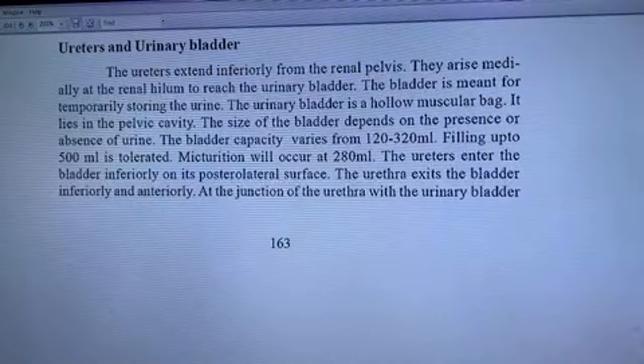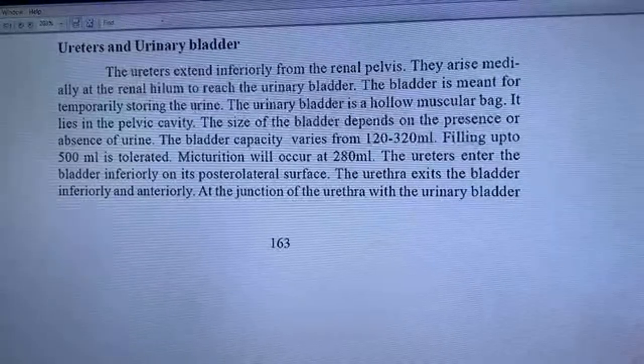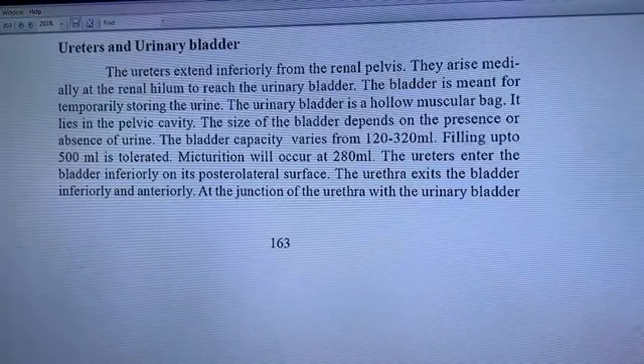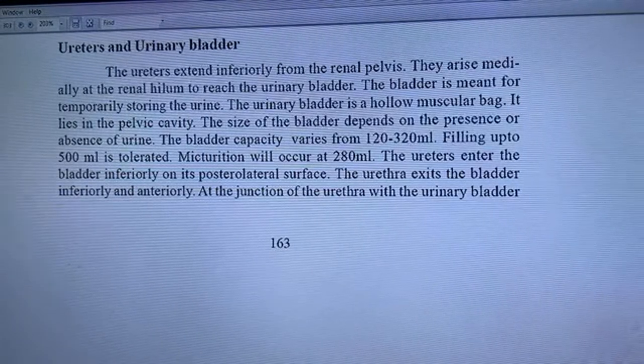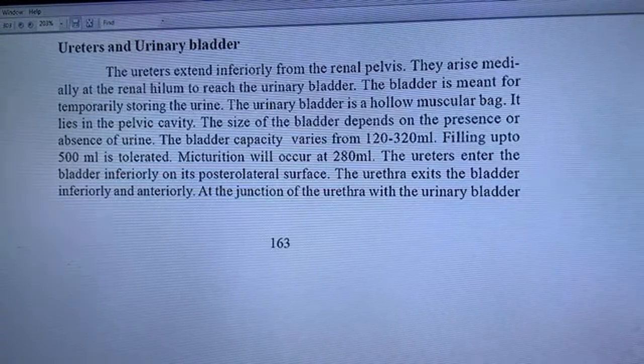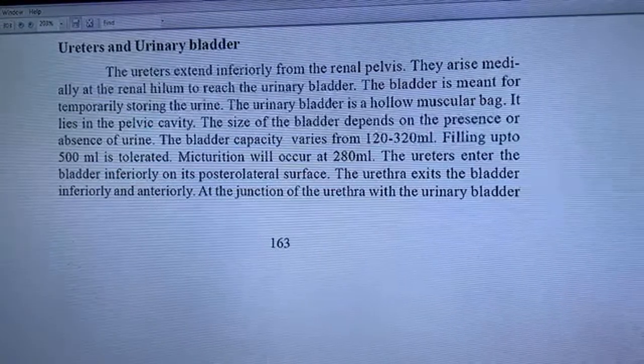The size of the bladder depends on the presence or absence of urine. The bladder capacity varies from 120 to 320 milliliters, filling up to 500 milliliters as tolerated. Micturition will occur at 280 milliliters.